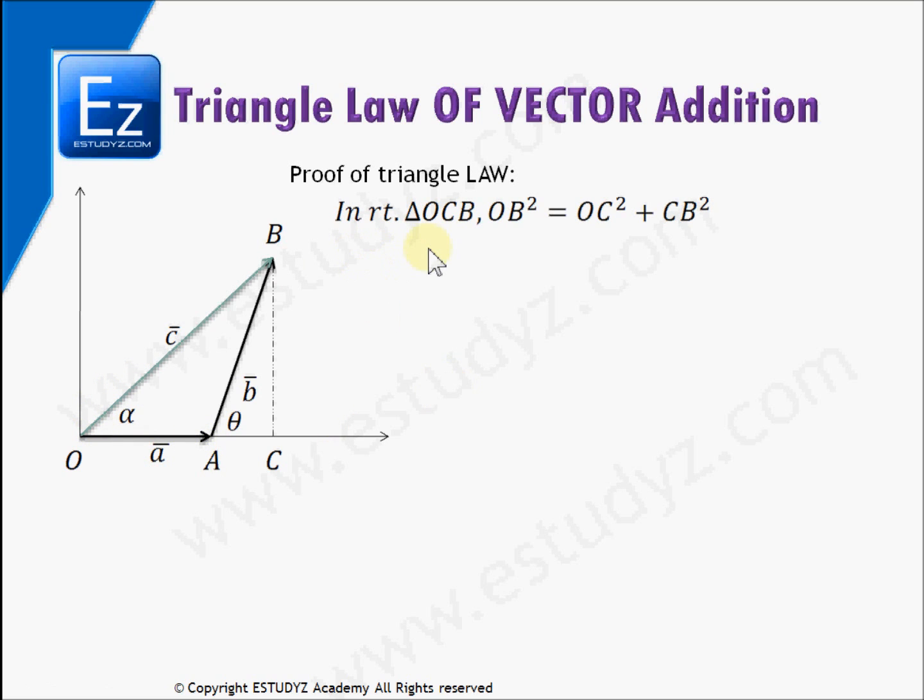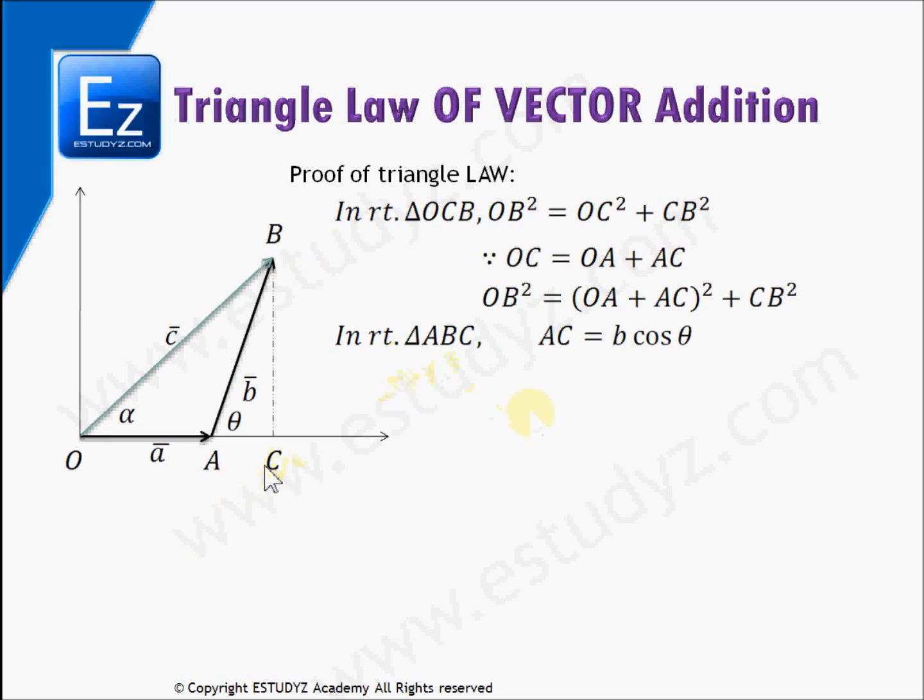In right angle triangle OCB, OB square equals OC square plus CB square. This is by Pythagoras theorem. Since OC is equal to OA plus AC, therefore OB square equals (OA plus AC) whole squared plus CB squared.